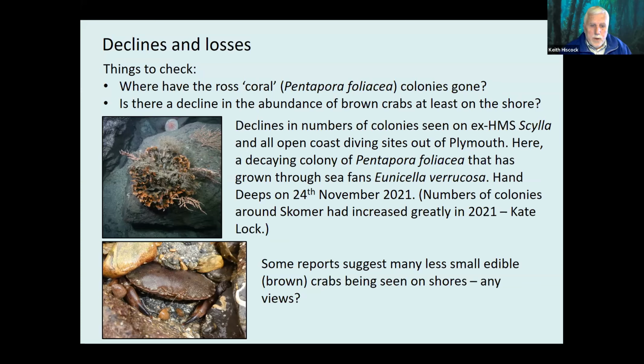There's also been reported a decline in the abundance of small brown crabs on the shore at least. So just one or two observations, one or two impressions, if you like. What have you seen? Have you got any view as to whether the abundance of brown crabs, whether on the shore or from fisheries, is actually decreasing?